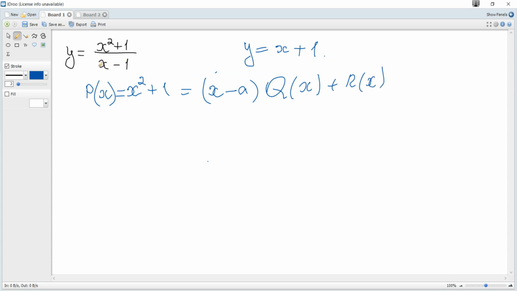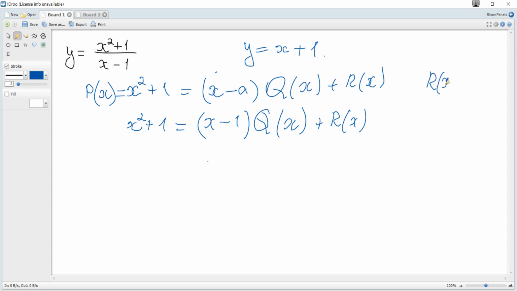And since there is x minus 1, I want to represent the function as x minus 1 times a polynomial plus remainder. And by definition, the remainder is the polynomial at point a, and if a is a root, the remainder is 0.